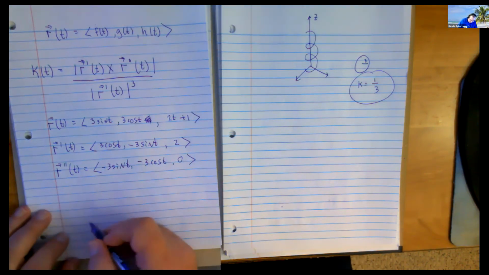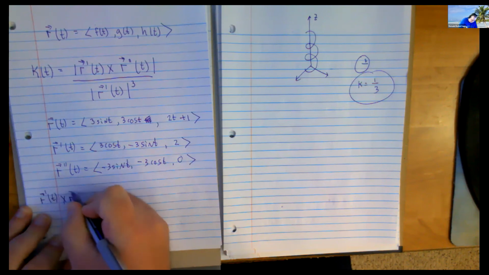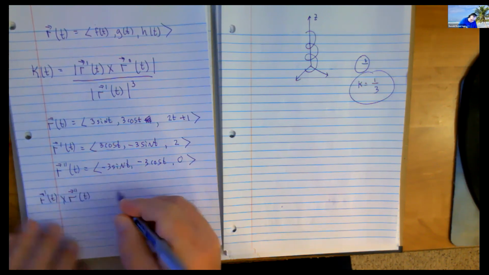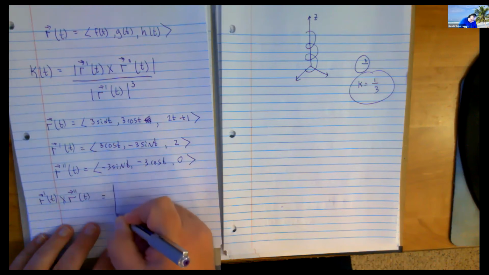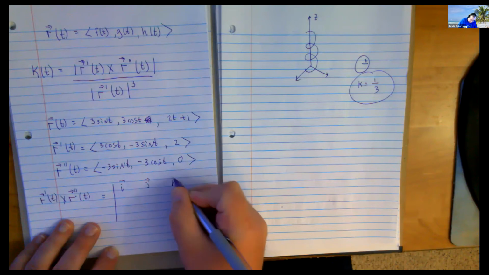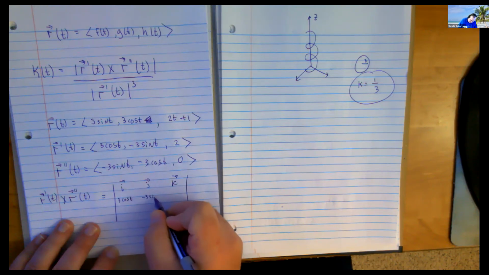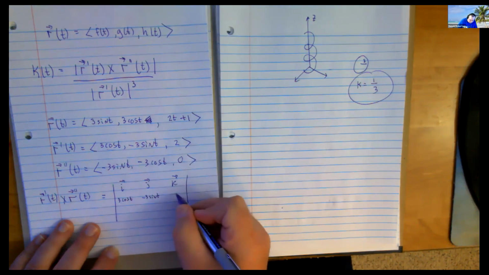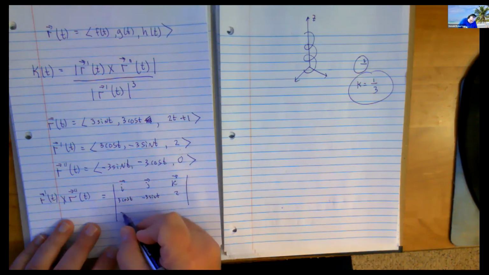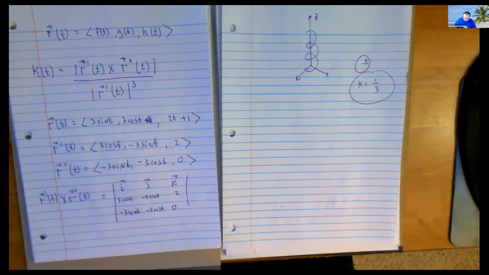Well, now I need to find the cross product of those two. So we're going to have an i, a j, and a k. The first vector is 3 cosine t, -3 sine t, and 2. The next is -3 sine t, -3 cosine t, and 0.